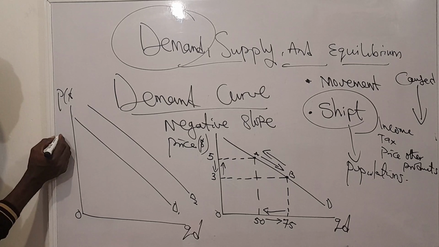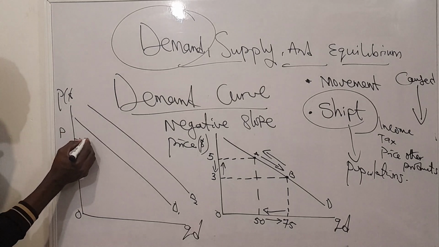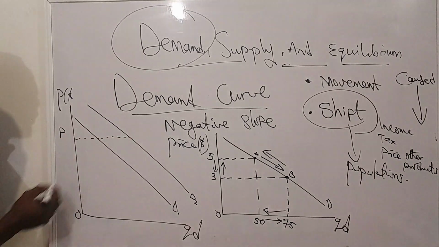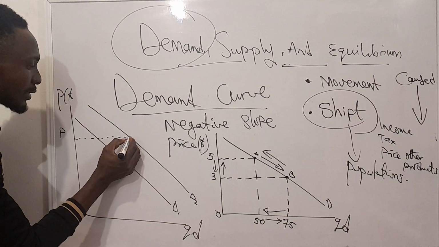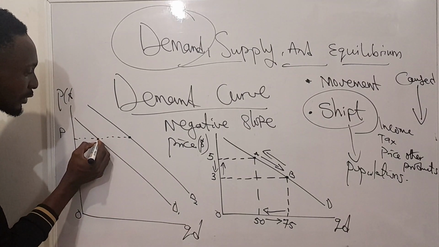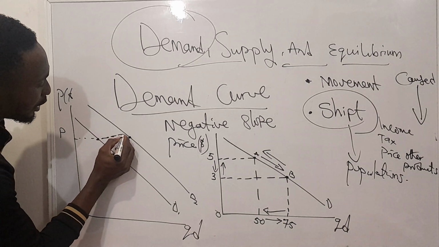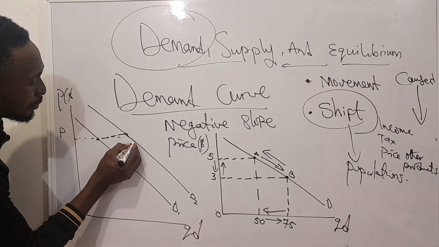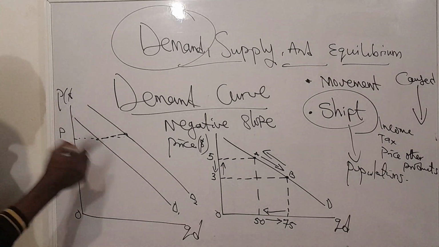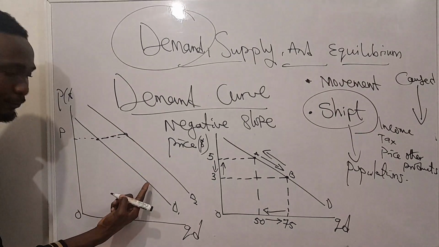And then we have D1 and D2. What we have here says that the price remains the same. So if we have the price here, if we trace the line, you see the price has not changed yet. So if the price has not changed, what else has changed? In this case, this line is not straight, so I'll try to make it straight. So what we have here is that the demand curve has shifted.